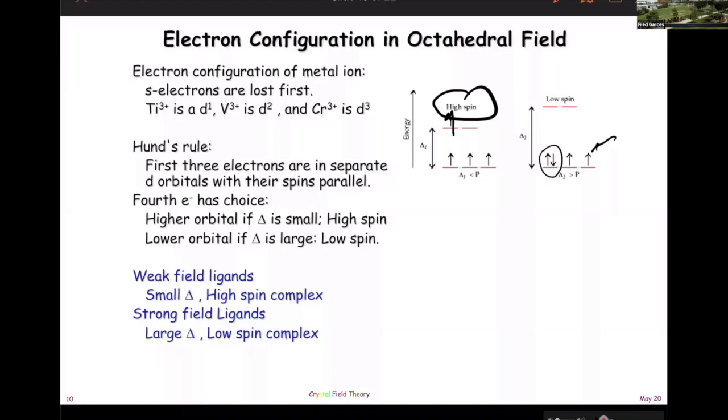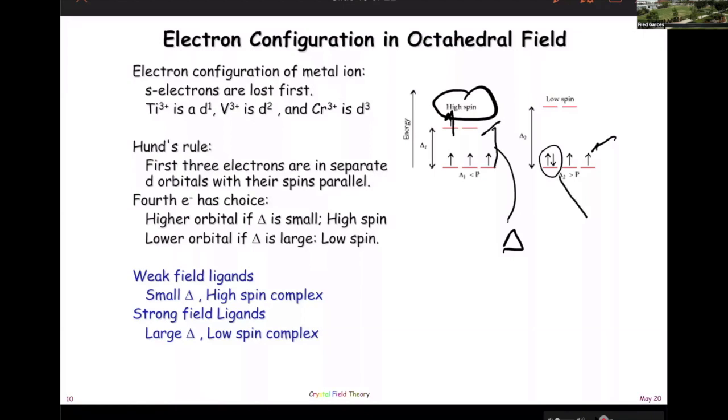And the question is, why would the electron prefer a high spin versus a low spin? The answer lies with the fact that it might cost less energy to put it as a high spin. It might cost more energy when you pair it up. So what you have here, remember, is called delta. That's the energy that you need to pay in order to promote the electron to a higher energy state.